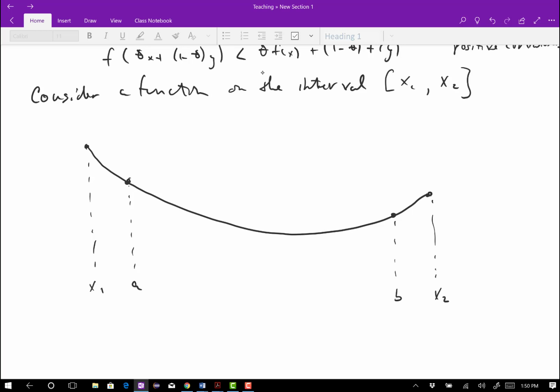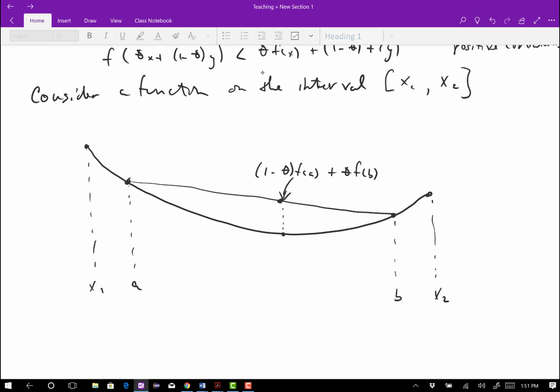I'm going to connect A and B with a line segment. Along this line segment, we have points that are defined by 1 minus theta f of A plus theta f of B. For example, this point is one of those.